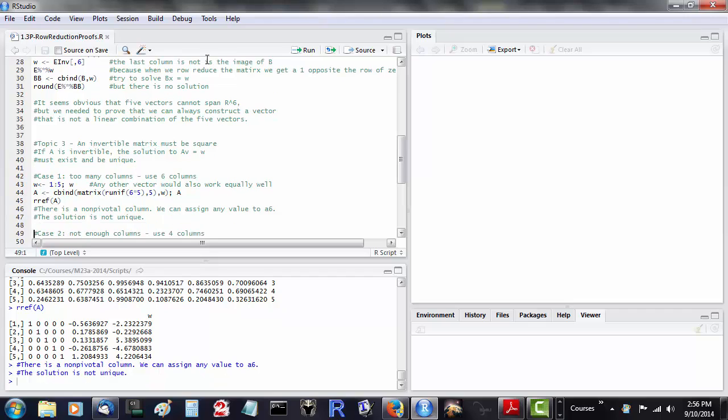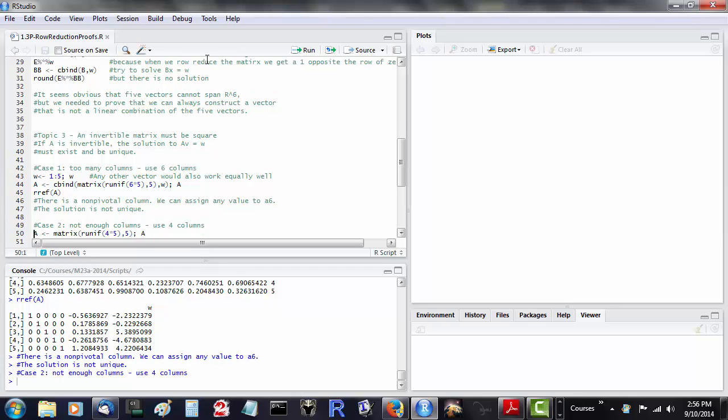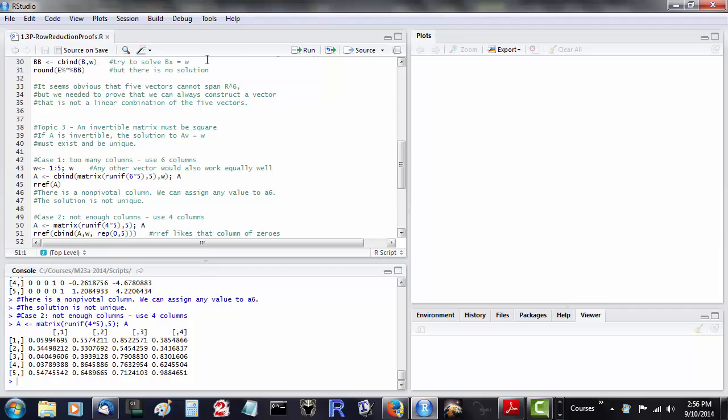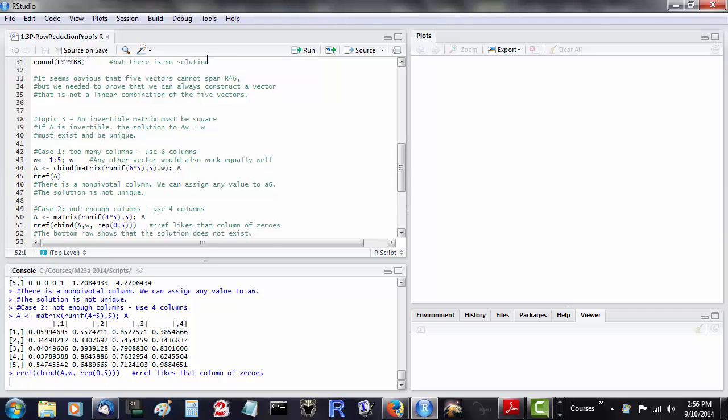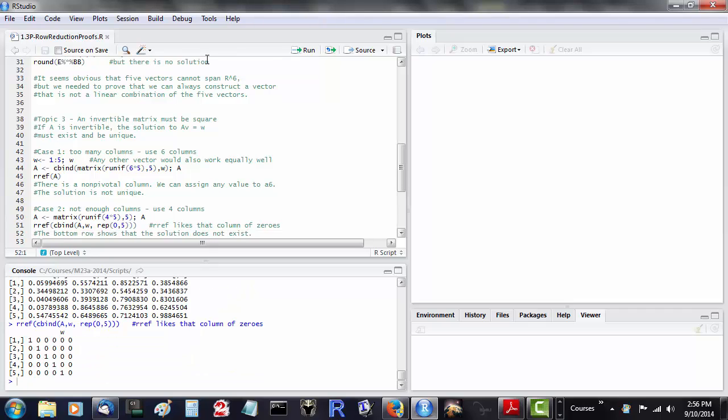Second case, suppose I don't have enough columns. Suppose I continue to use 5 rows, but now have only 4 columns. I help out RREF by giving it an extra unnecessary column of zeros on the right, and I've now set up to solve the vector equation AV equals W by row reduction.